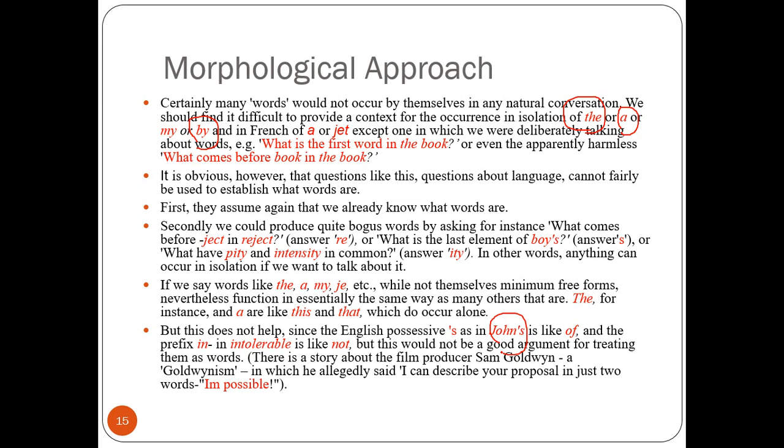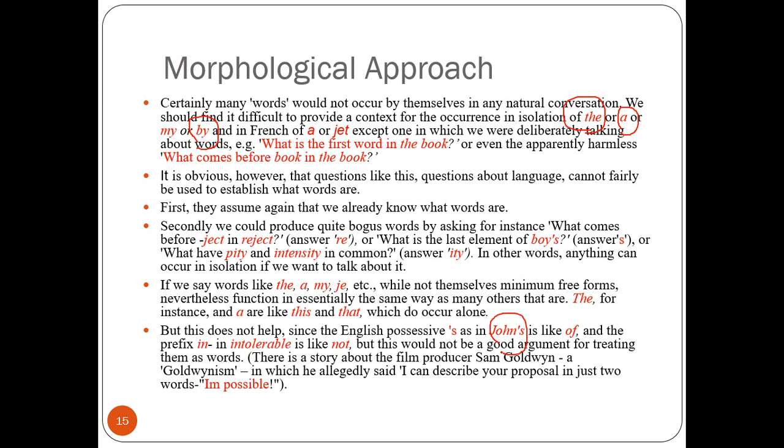And likewise, look at the prefix in the example "intolerable." "In" is equivalent to "not," and "not" does occur by itself as per the definition, if we do not go into much detail. But "in" does not occur. So what should we do with it? "Tolerable" is one word and "in" would be the other.